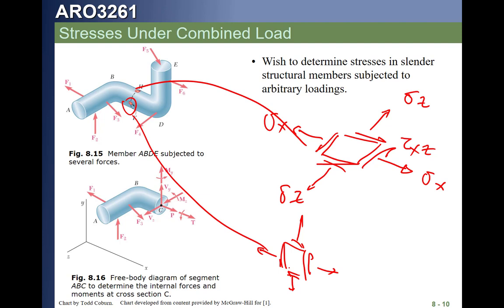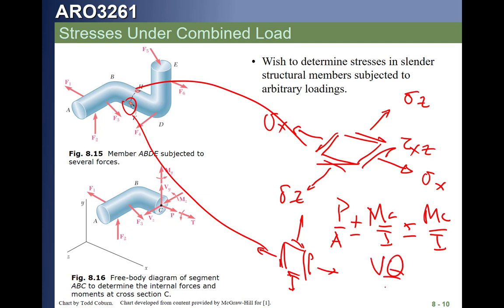And in order to do that, we're going to have to use systematic applications of P over A plus or minus MC over I about both axes, and we're going to get VQ over IT shear stresses. And we had two different directions, so we would have Vz, right? And so on.